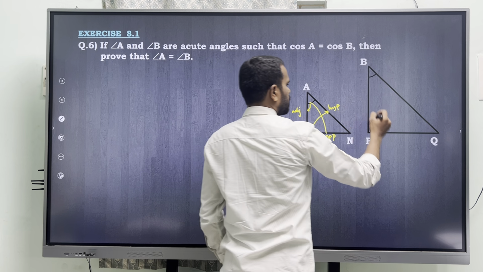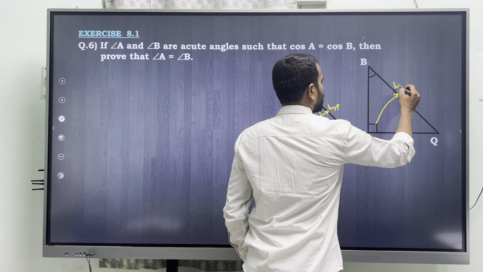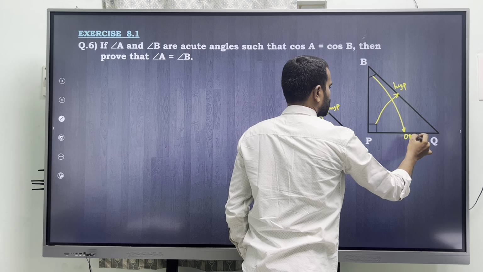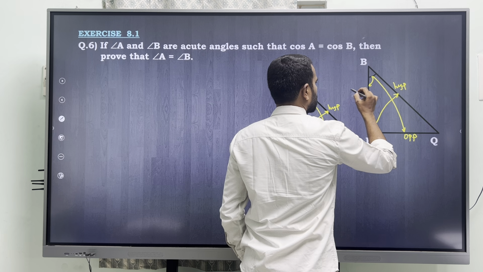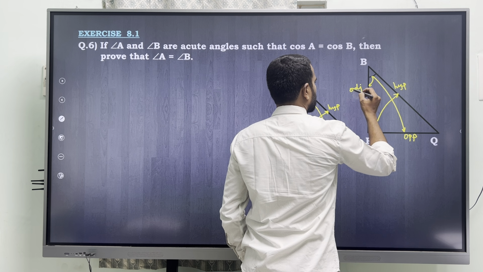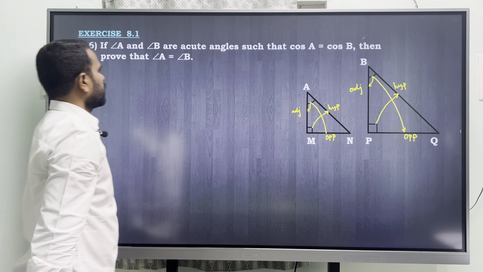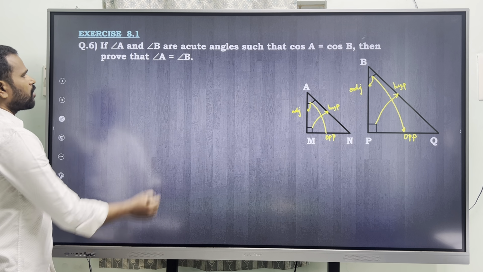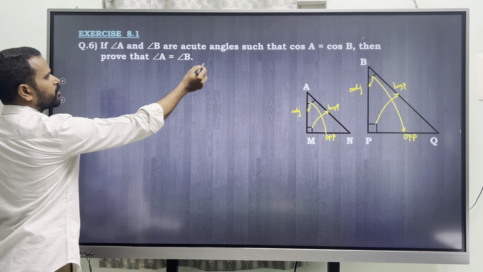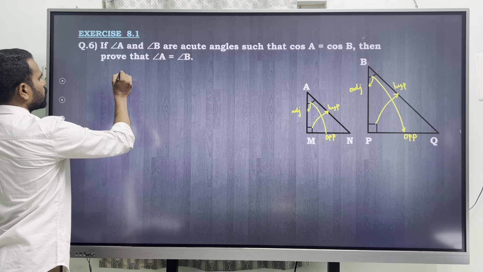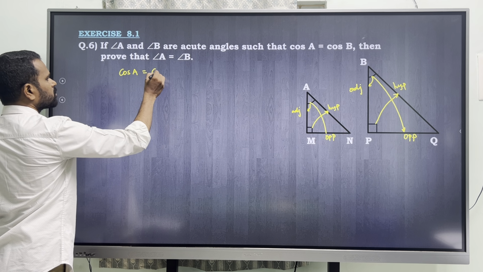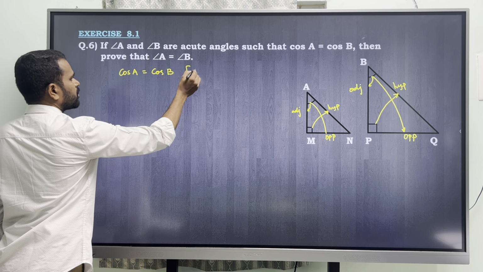And here similarly this is hypotenuse, this is opposite and this is adjacent. Okay. Now what is given here is cos A equal to cos B. It is given, right?